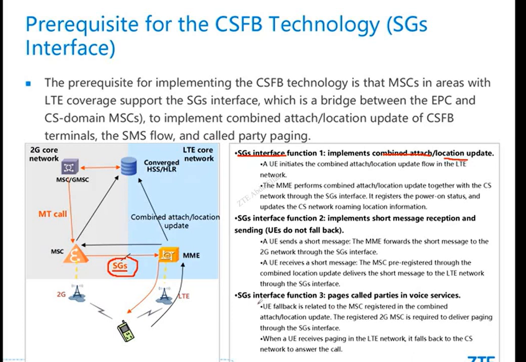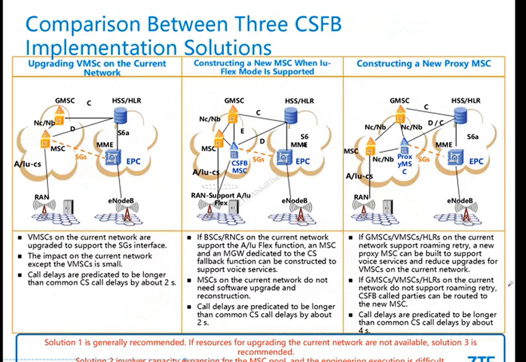The third function is paging called parties in voice services. That means the UE can fall back, with the related MS registered in the combined location and attach update. Okay, so these are the 3 functions of the SGS interface.